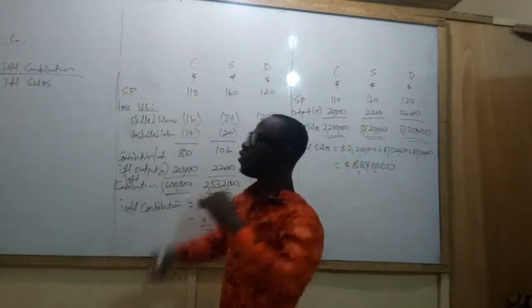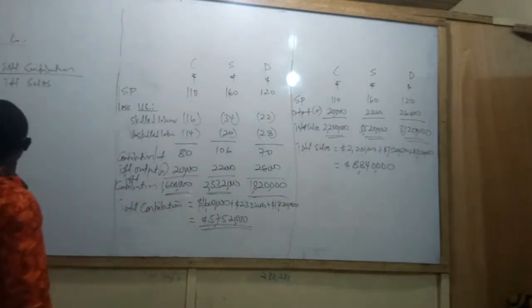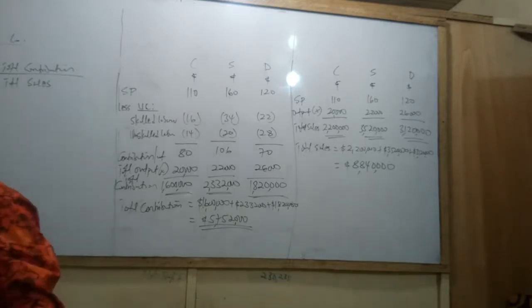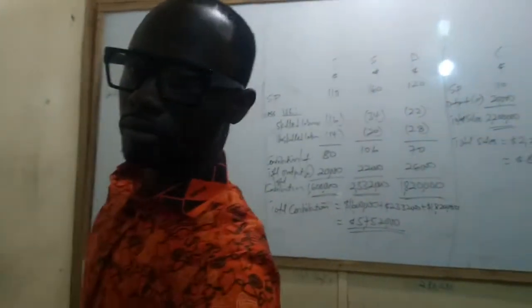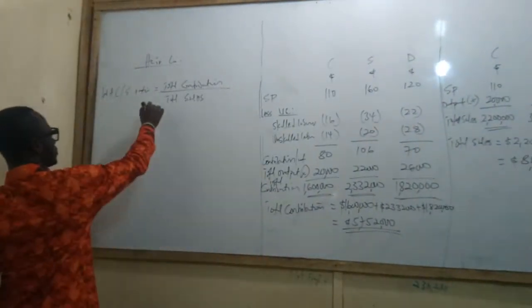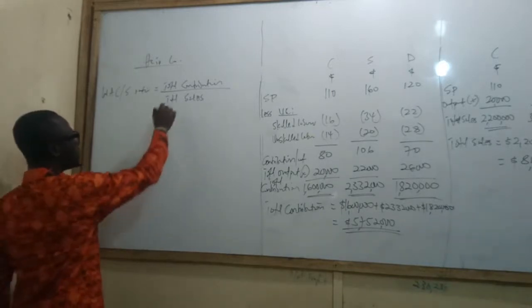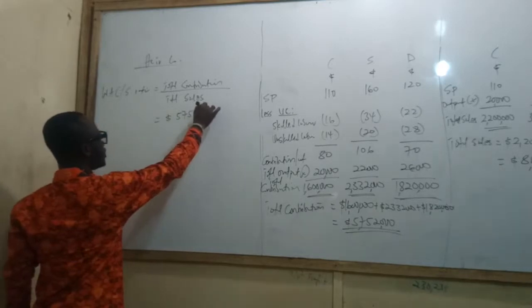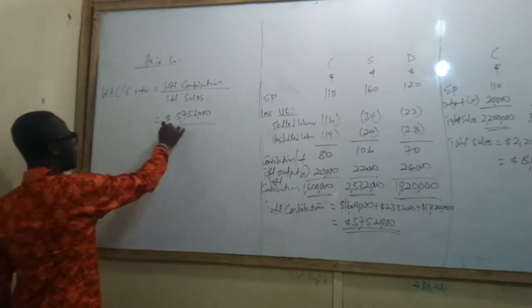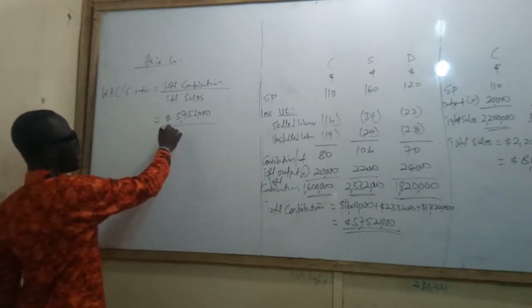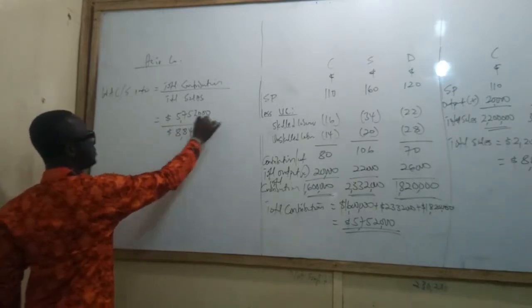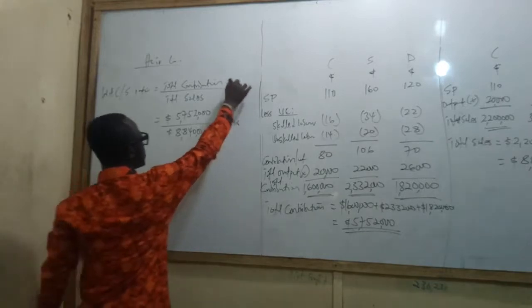Now, we have the total contribution for the three products and the total sales for the three products. We can now calculate the weighted average contribution to sales ratio for the company. So what do we have? Total contribution, 5,752,000 over 8,840,000 times 100.